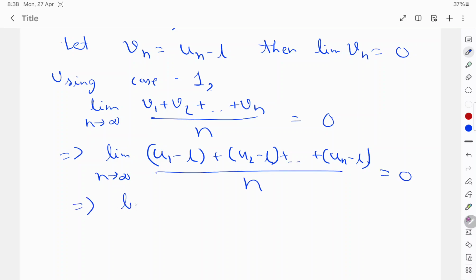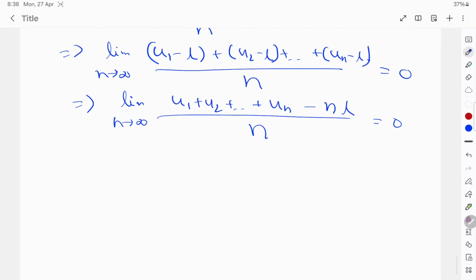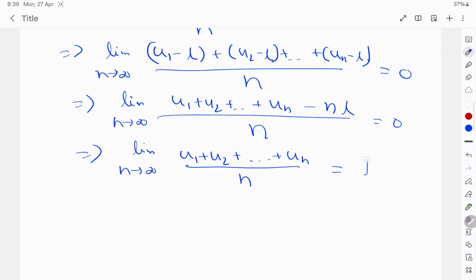So this implies, how many L is there? You can check. This is u1 plus u2 dot dot u_n, you are writing there, then you have minus nL, right? So if you break this thing, obviously you will get that minus L term, and if you write on the other side, this will be your L. Okay, fine.